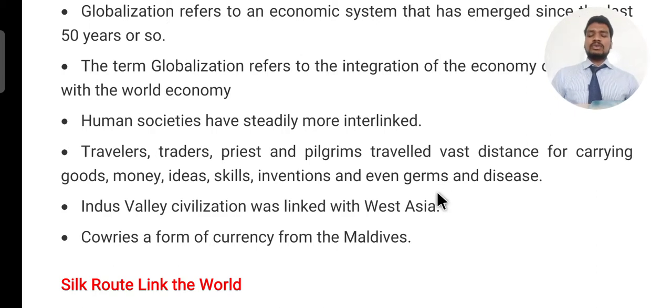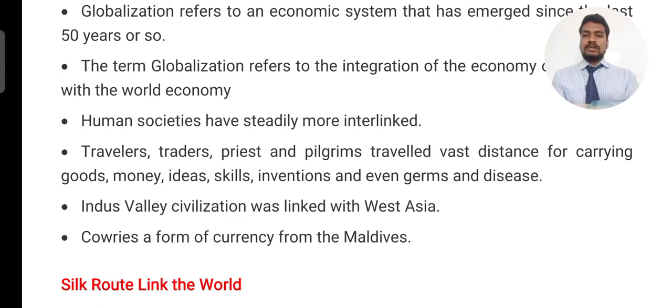The travelers in medieval Indian history, we know about many poets and writers who traveled to India. Ibn Battuta and many other people came to India. They were travelers.